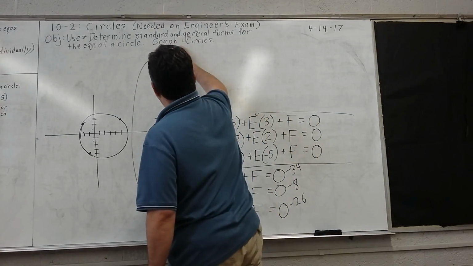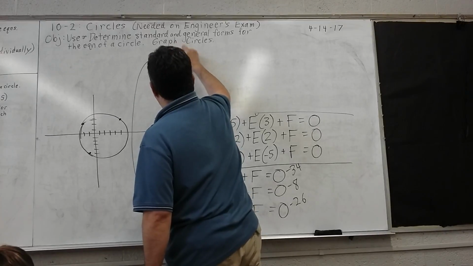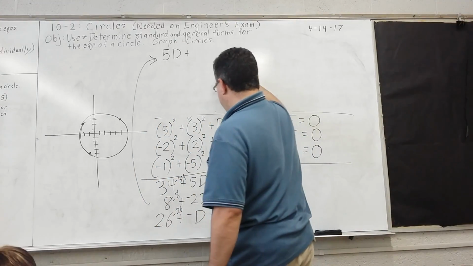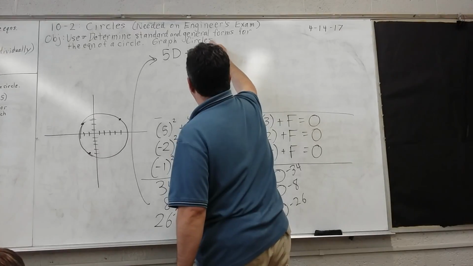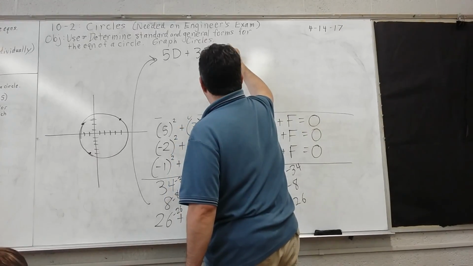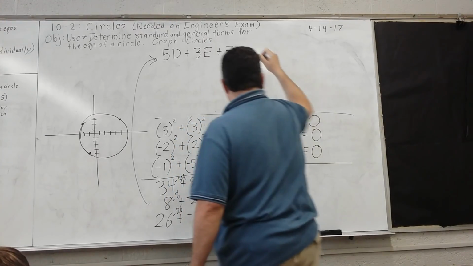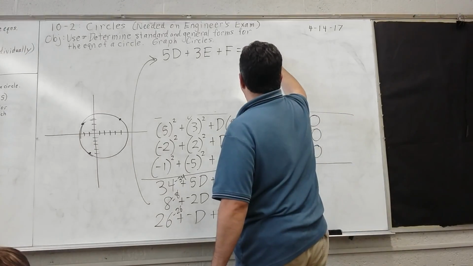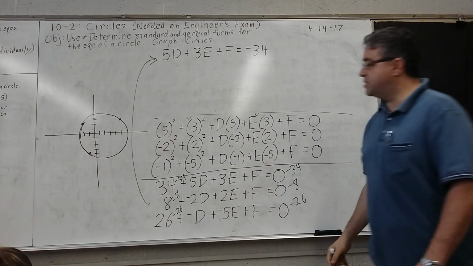So we'll have 5d plus 3e plus f, and this one will equal negative 34. 0 minus 34 is negative 34.